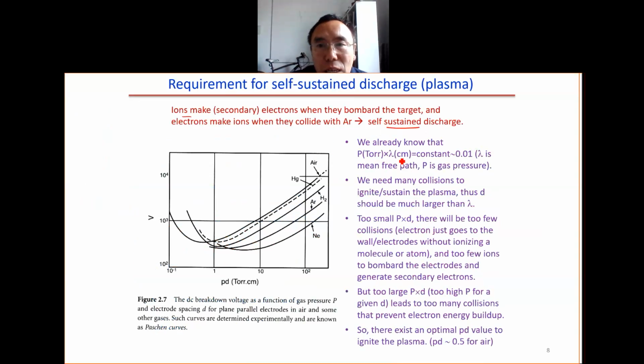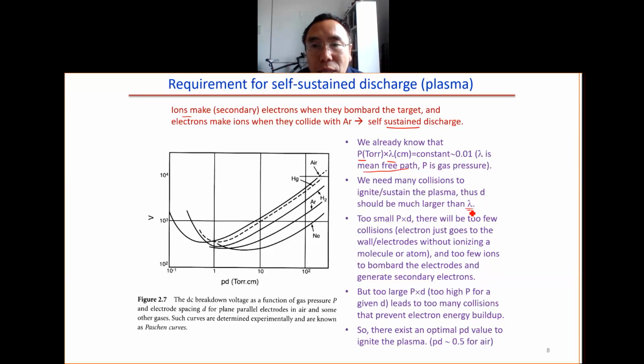So we know from the evaporation that for the gas, P lambda equals a constant, about 0.01. Lambda is the mean free path, and P is the gas pressure. We talked about the mean free path last time. We need many collisions to ignite and sustain the plasma. As a result, D should be much larger than lambda.